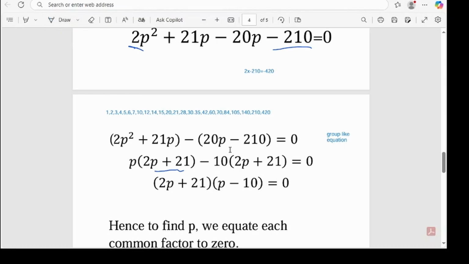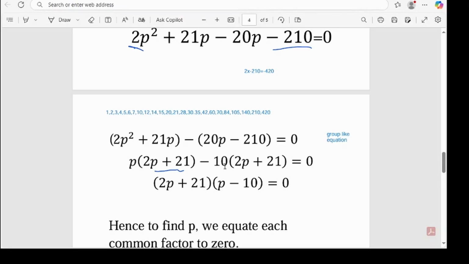Okay, so the grouped term for the other side is 20p minus 210. So you have to create the common factor. 2p plus 21 would definitely have to be the same for the other side. So which number multiplying the common factor would give you 20p?